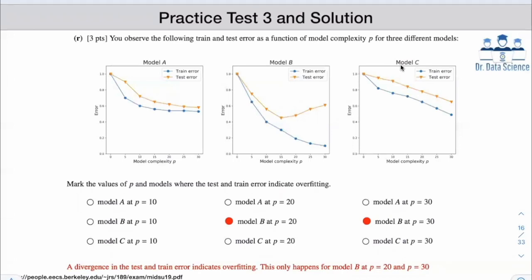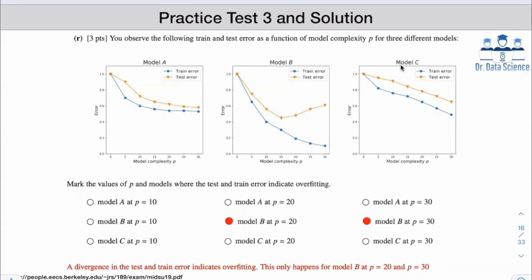But before then, for example here, we only have underfitting, because you can see that the training error is high and the testing error is high. But on the other hand, on this side, you can see that the training error is low and the testing error is high.